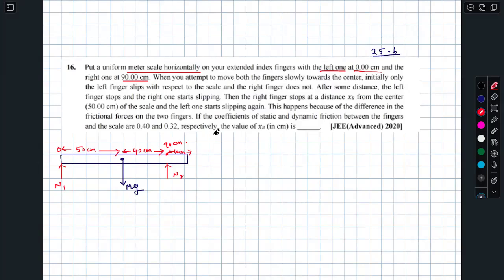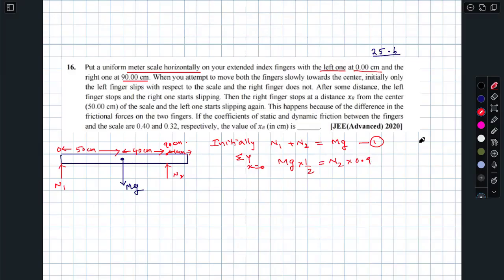Now try to please understand. Initially, when nothing is happening, what are the upward forces? N1 plus N2. And the downward force is mg. Equation 1. Initially, you apply torques about any point. For example, if you apply torque with sigma tau x equal to 0, you will have mg times 1 by 2 is equal to N2 times 0.9.